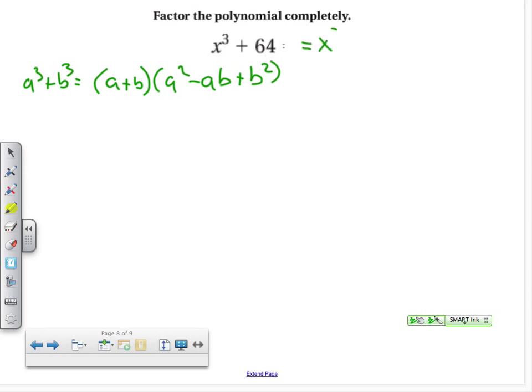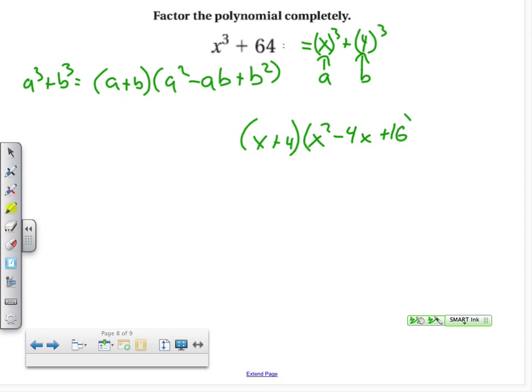Well, x is being cubed, and 64 is 4 cubed. So my a is x, and my b is 4. So we'll fill that into the pattern. We got x plus 4, and then a squared is x squared minus 4 times x, and then 4 squared is 16. So there is our sum of cubes.